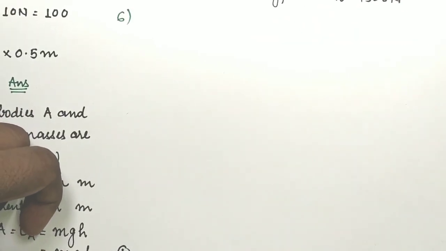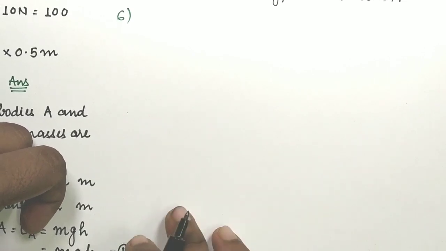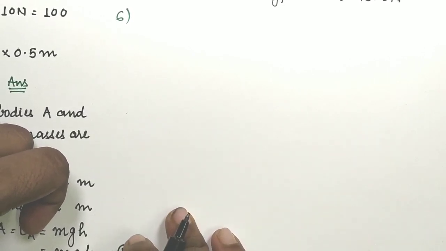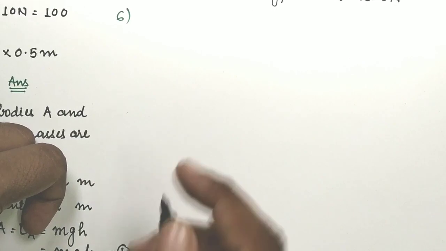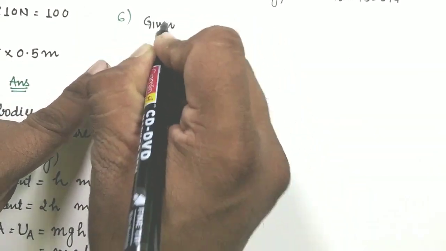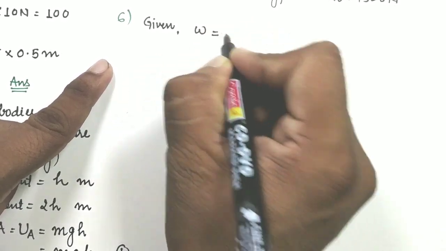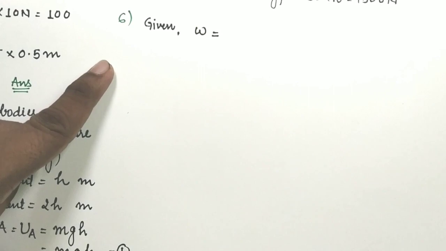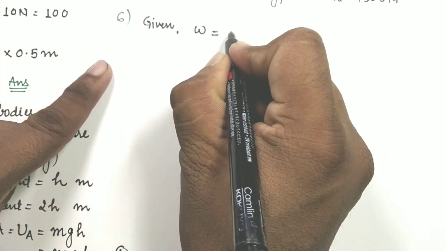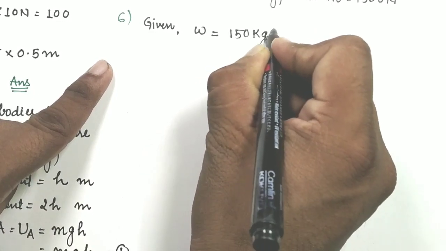Students, for the solution of question number 6, what is given? The given thing is the gravitational potential energy stored in a box of weight. The weight of the box is W equals mg, which is given as 150 kgf.